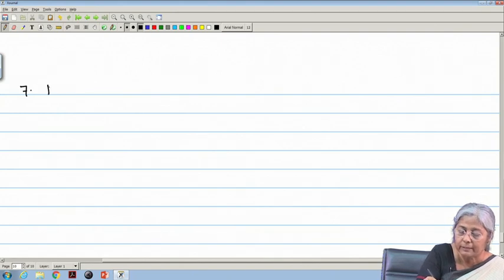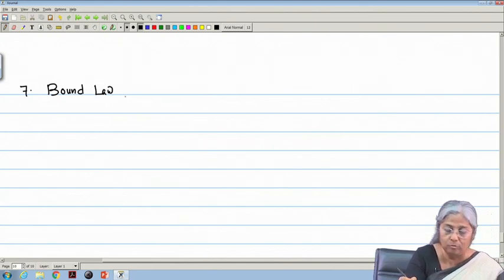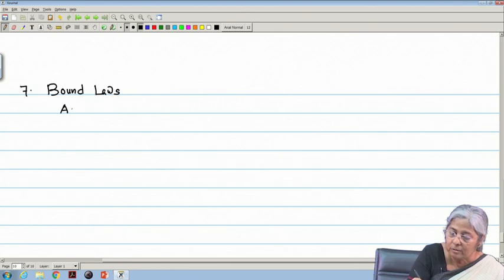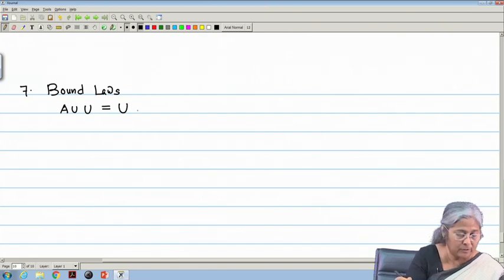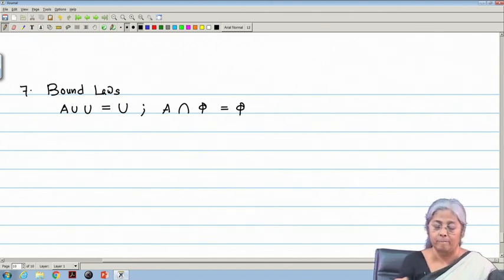Seventh law, I can tell it gives something on the bound. So, this is the bound laws, either lower bound or upper bound. A union with the universal set is the upper bound, that is the universe only. Similarly, A intersection with the null set, which is the lower bound, is the null set.